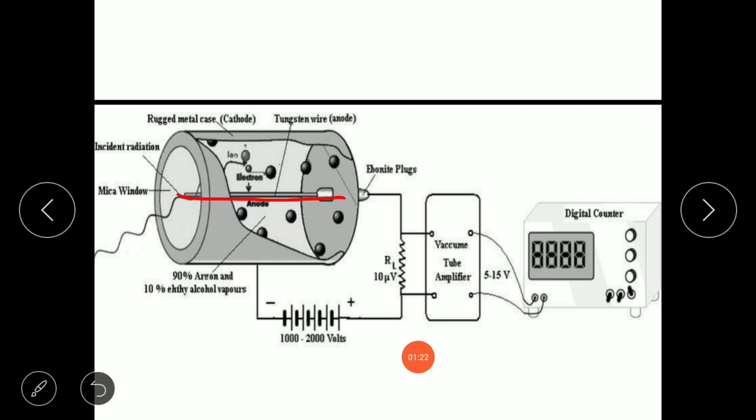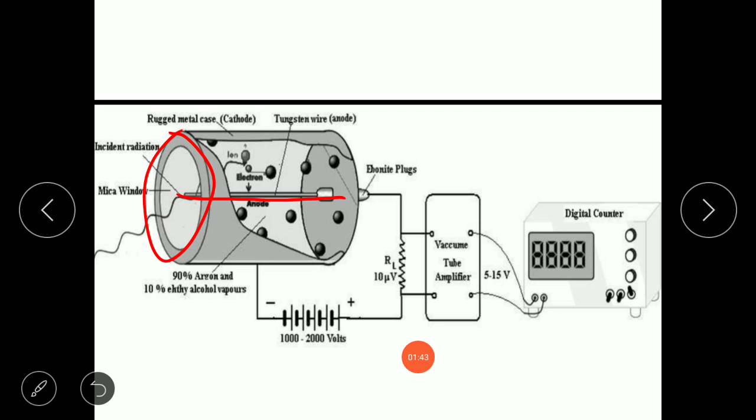This whole arrangement is mounted inside a very thin walled, evacuated glass envelope, which is sealed at one end by a window from where the nuclear radiations may enter the tube.